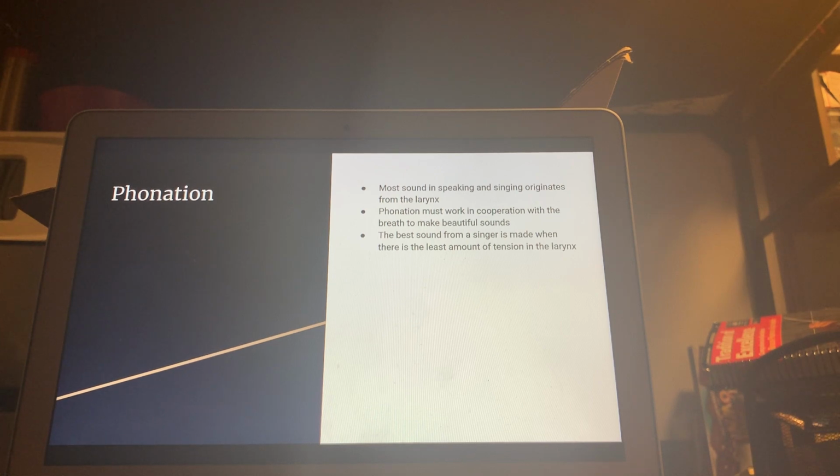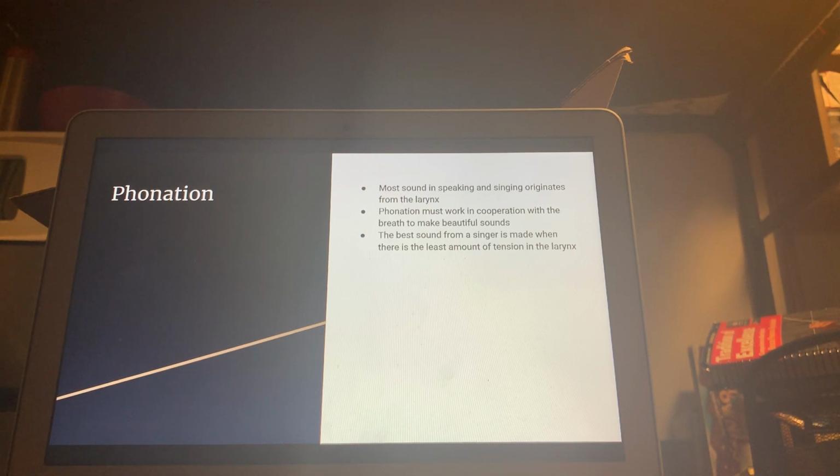And so phonation must work in cooperation with breath to make beautiful sounds, because you have to have the equal distribution of sound to breath. You don't want a breathy sound, but you also don't want no breath coming out. So you need an even distribution of breath to sound to make the best sounding tone.